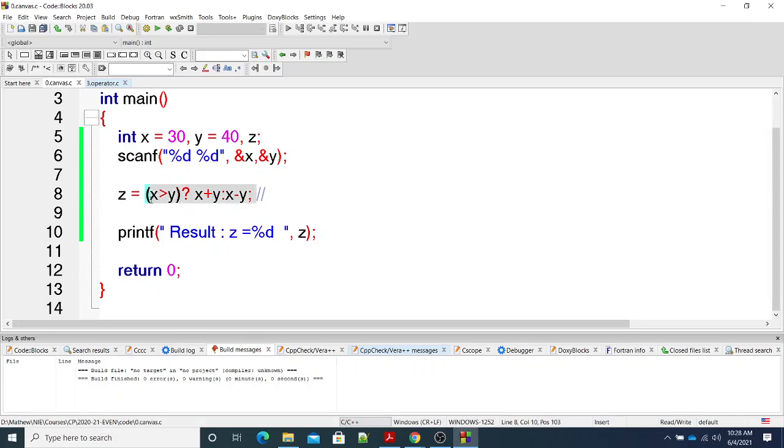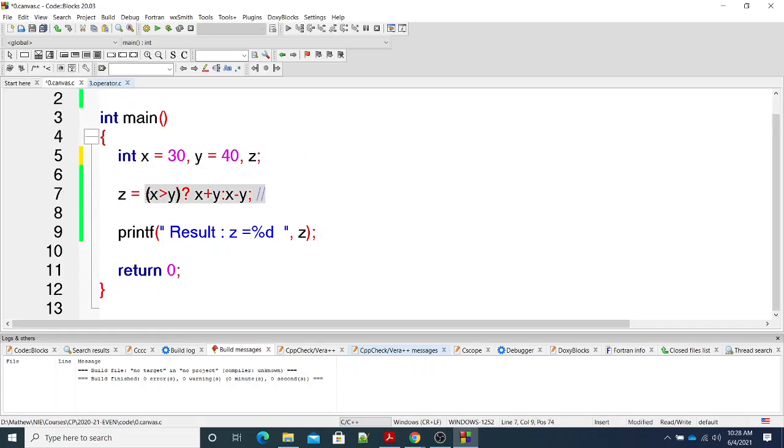Can anyone tell me how I can use this conditional operator to find the absolute value of a given number? Let's remove this and try to develop. Use it for finding the absolute value of a given number.